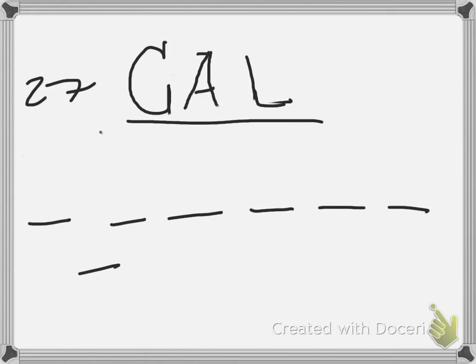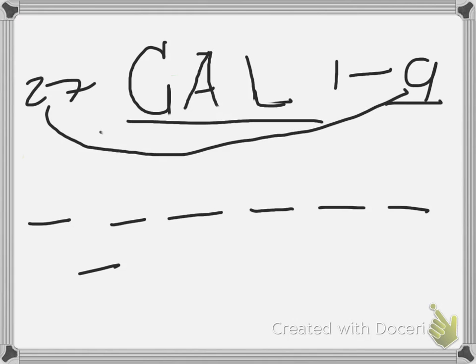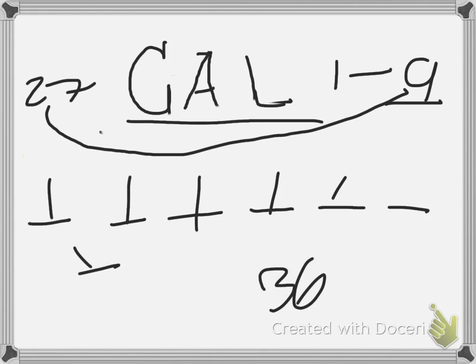There are 26 letters in the alphabet, and you have numbers 1 through 9. So in total, you have 9 numbers. If you add that together, sorry, I dropped something. In total, you have 36 things to choose from. So you can have like a 1, 1, 1, 1, 1, 1, 1 as your license plate.